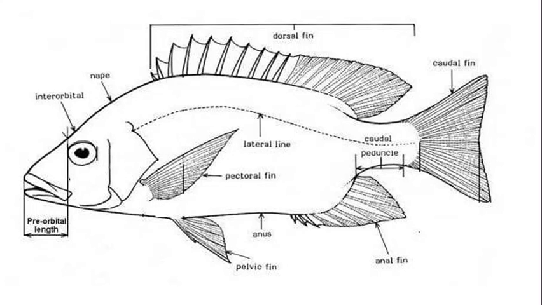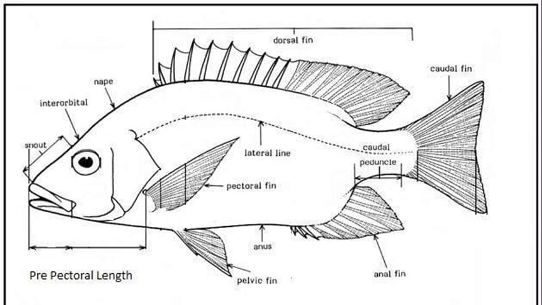Then the next is pre-pectoral length, and the pre-pectoral length is measurement taken from the front of snout, that is the tip of snout, to the origin of pectoral fin, यानी कि pectoral fin की शुरुआत जहाँ होती है उससे लेकर के टिप ऑफ स्नॉट तक की लेंथ.